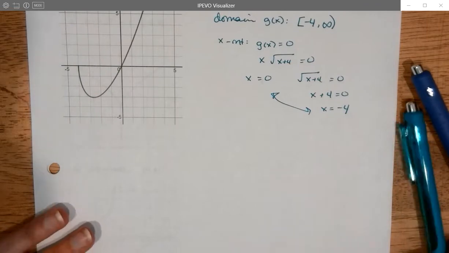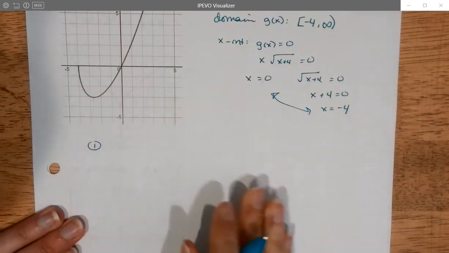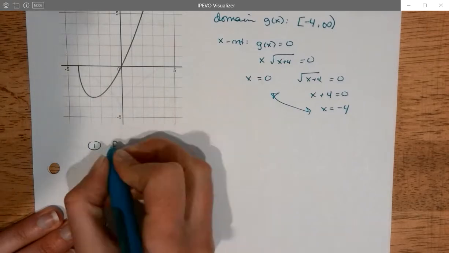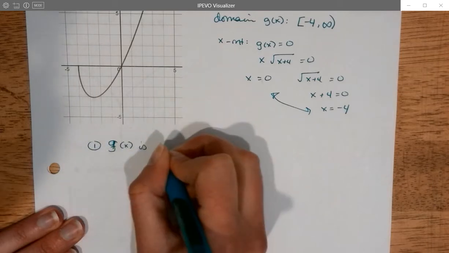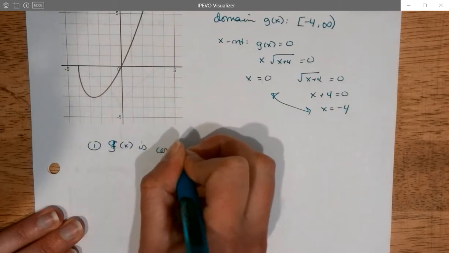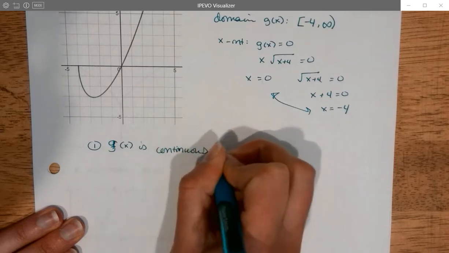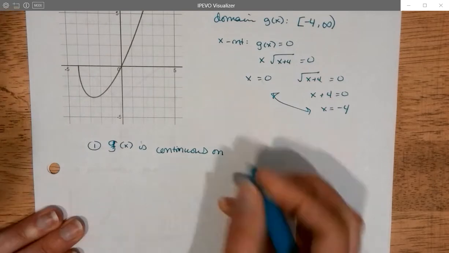So condition 1, we're trying to prove continuous. We're going to say that g of x is continuous on a closed interval.